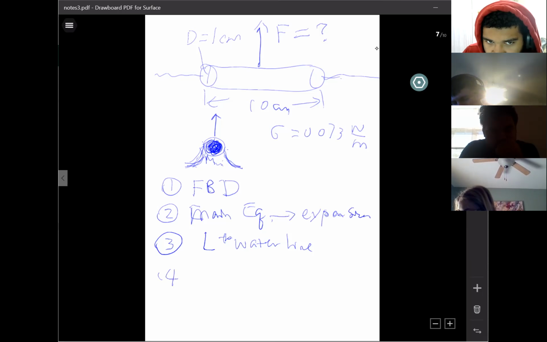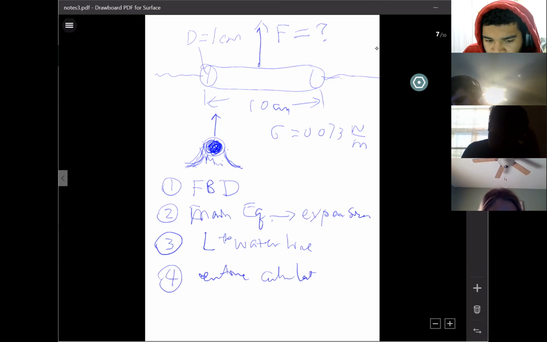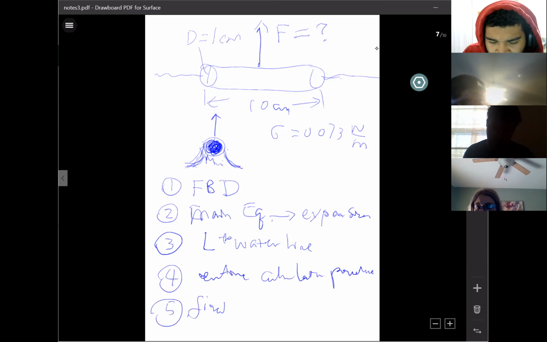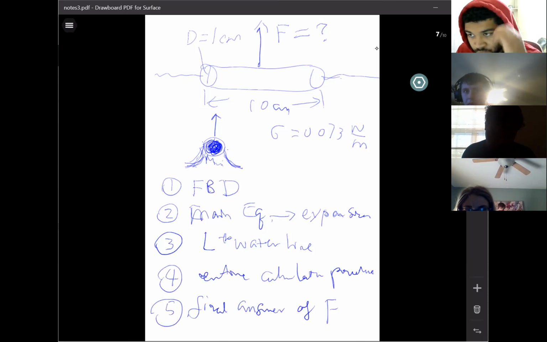The fourth is the whole entire calculation procedure. Fifth is the final answer of F. If you just give me a final answer of F, you get 1 out of 10. Let me make it really clear here. I want every step of these five steps.